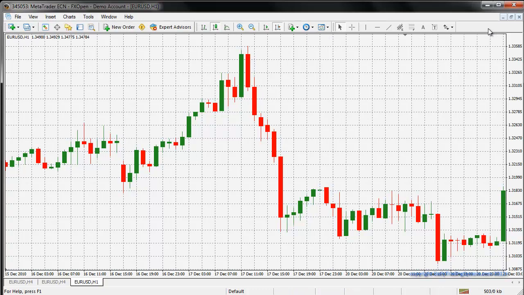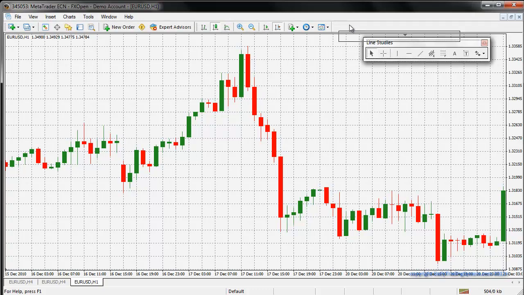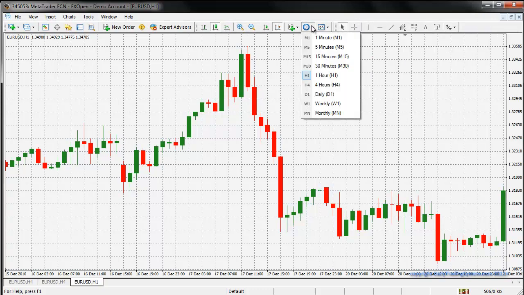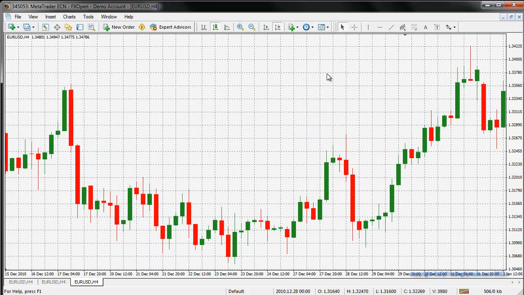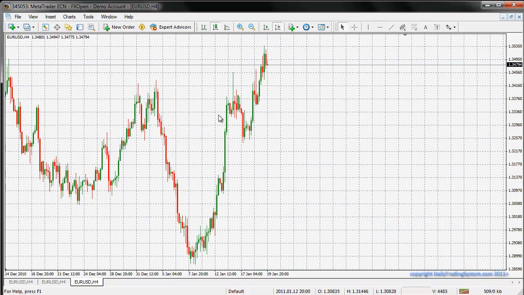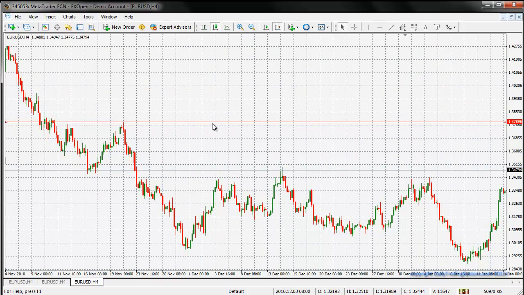You might have another row here which might already have your minutes on there, but you can use a shortcut. I'm going to use the 4 hour time frame for this example. Let's minimize the chart just a little bit so we can see more of the chart's real estate right there.